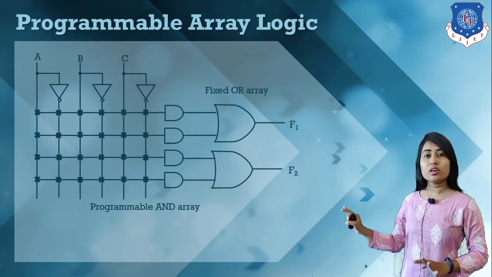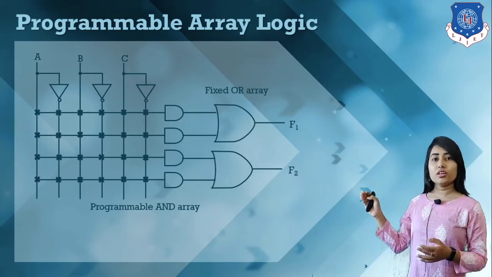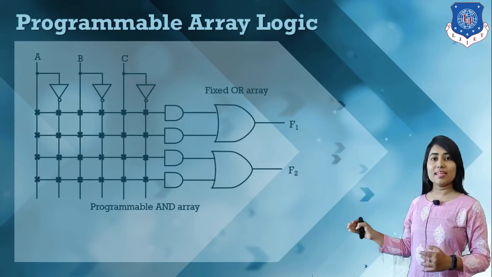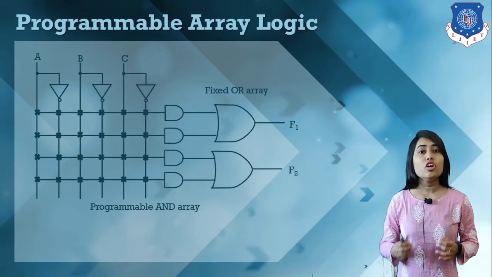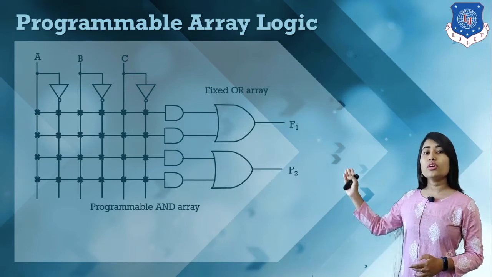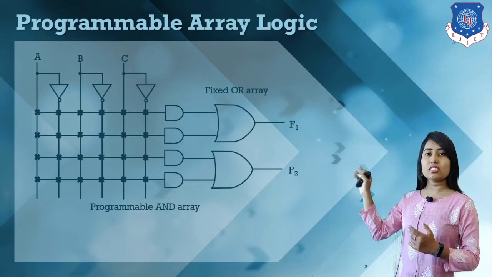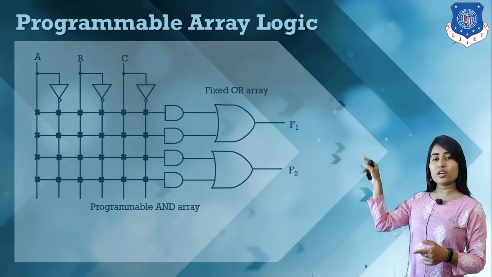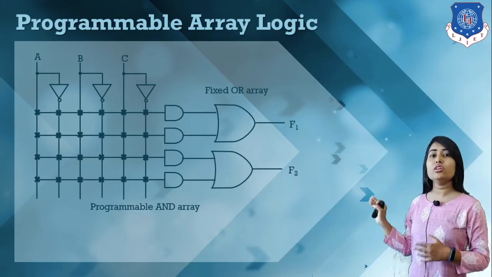Here we have 3 input variables, A, B, C, and we use 4 AND gates and 2 OR gates. This is a 3 input, 4 AND gate and 2 OR gate structure. Two AND gates are connected to the first OR gate, and the other 2 AND gates are connected to this OR gate.